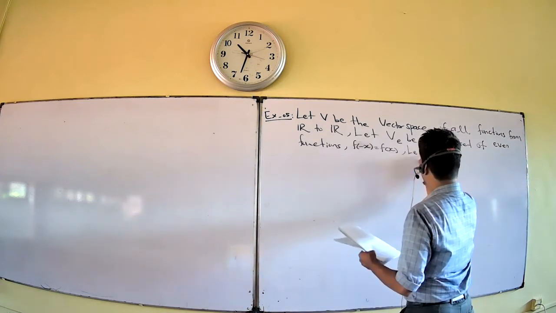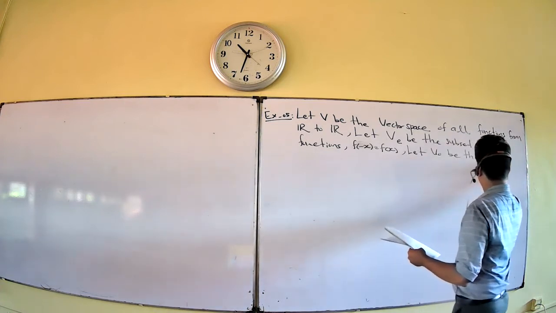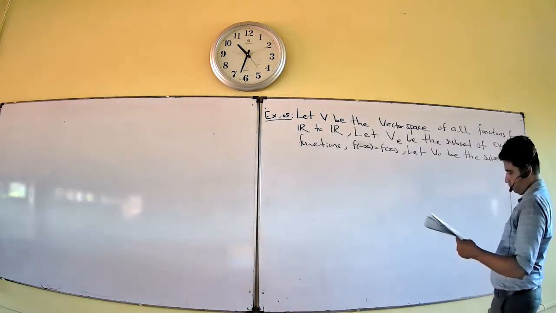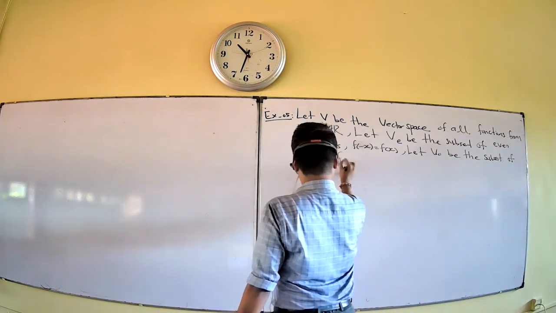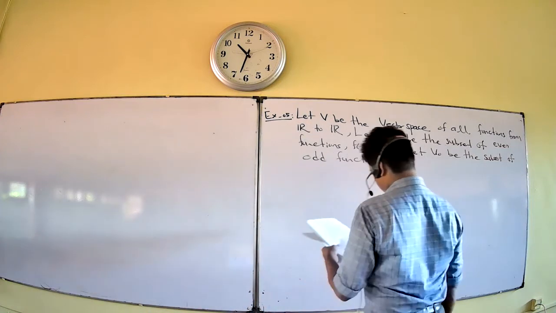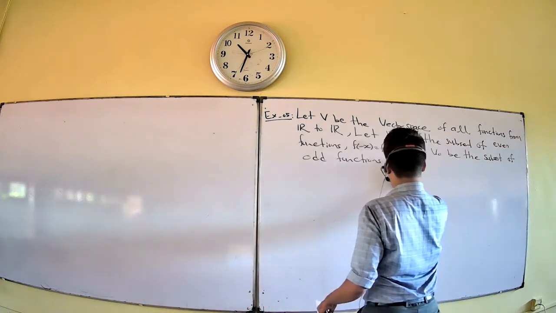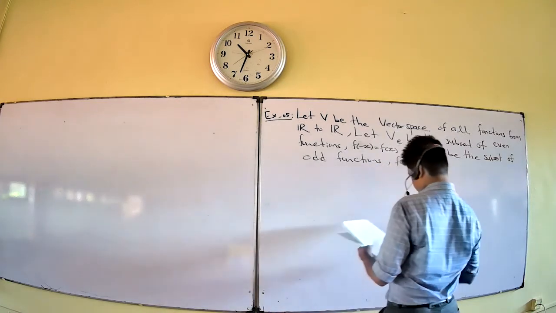Let V_O be the subset of odd functions, for this case minus f of minus x equals minus f of x.